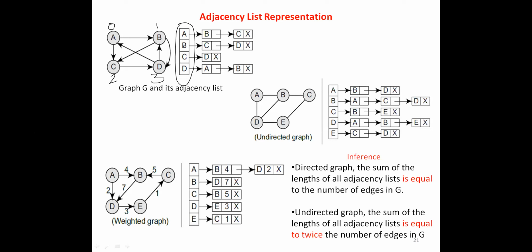But for this example we can take the vertex value directly. So A is connected to, this is a directed graph, A is connected to B and C. Here B and C are connected in linked list fashion, using the linked list data structure to store the vertices. Same like B is connected to D and C. So here C and D are connected.